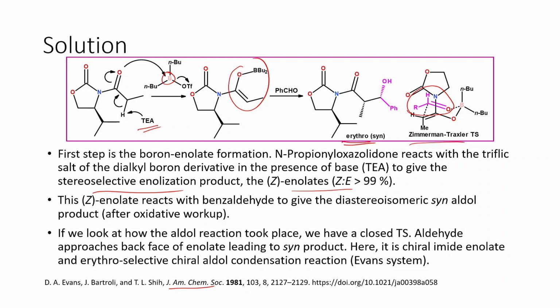So this is the Zimmerman-Traxler transition state as shown here. This was developed by Evans, and this system is called the Evans system, and this leads to the erythro-selective chiral aldol reaction, and we end up very specifically with the erythro or the syn isomer as our final product.